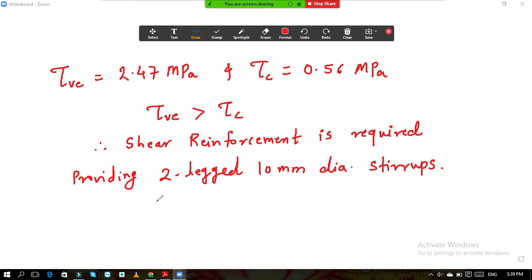Okay, now calculate the area of stirrups. Asv is equal to, so the area of stirrups will be 2 into pi by 4 into 10 square.